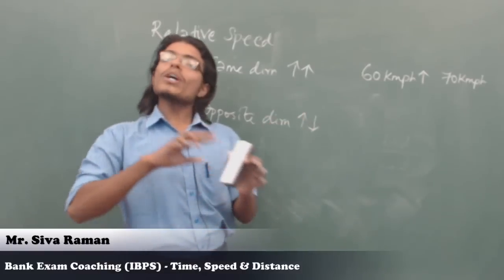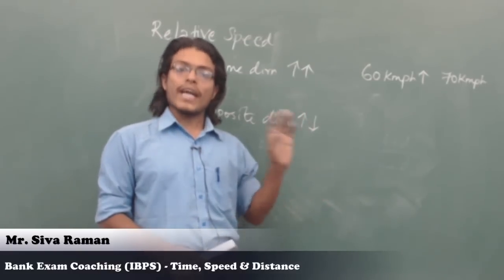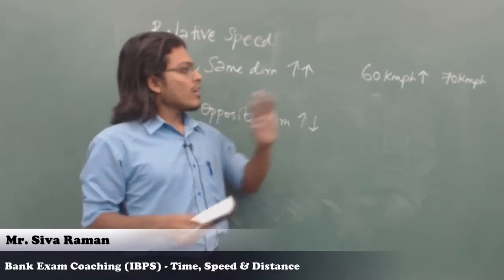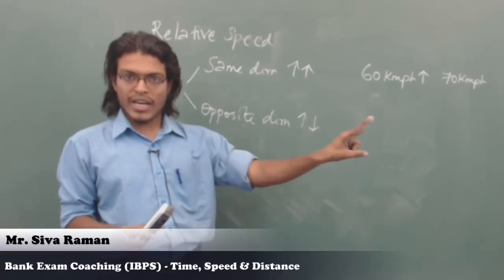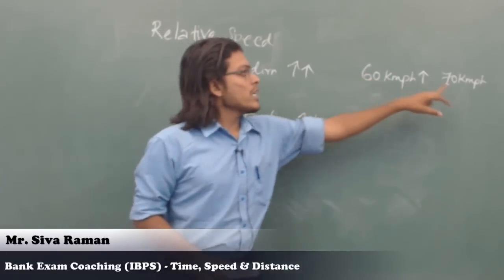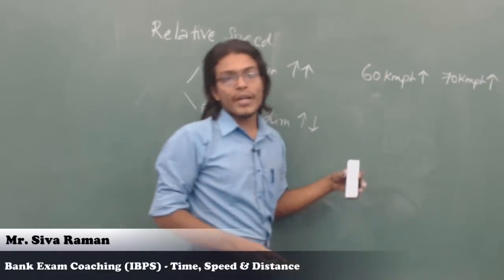Now, if you look at the overtaking bus, it appears, it is not true, it appears that the other bus is moving slower, right? When two objects move in the same direction, when you look from your moving bus, the other bus seems to go at a slower speed.